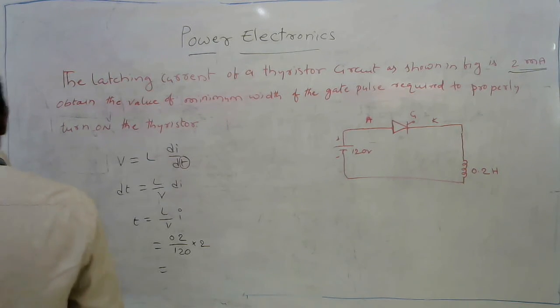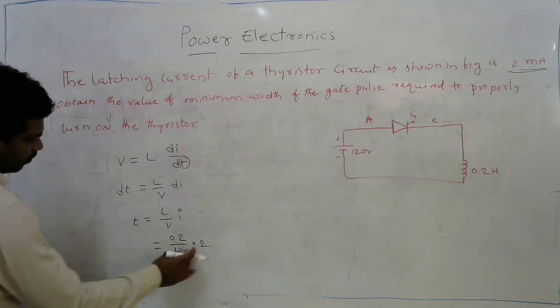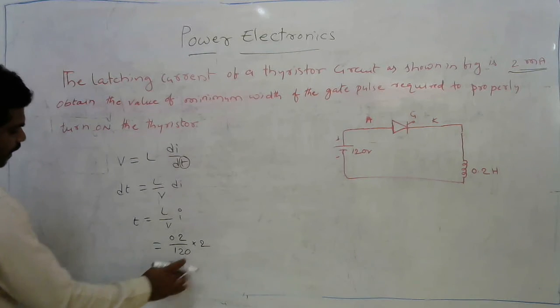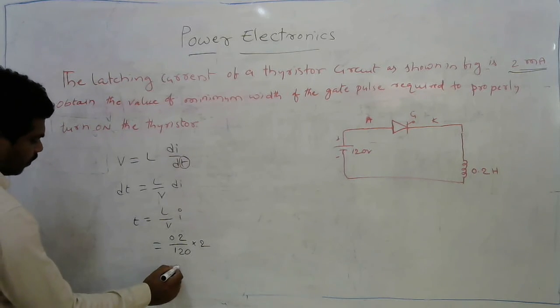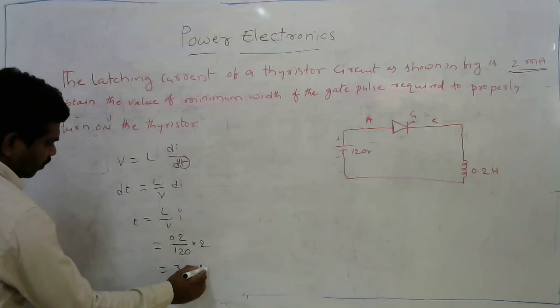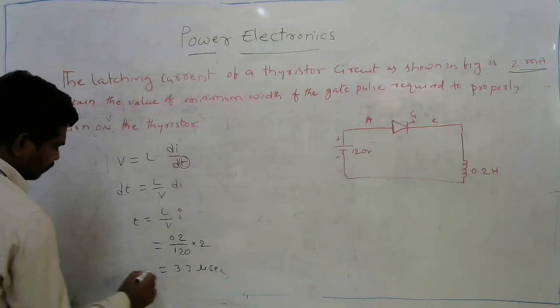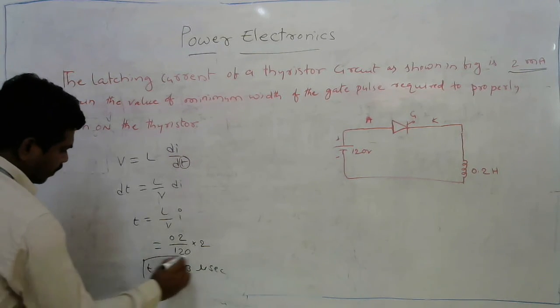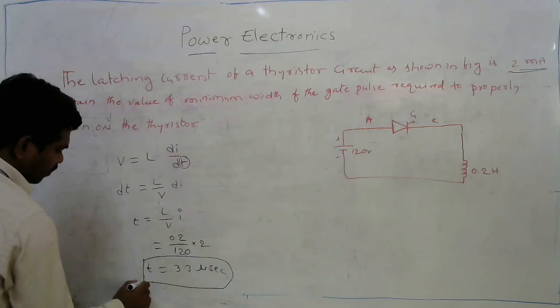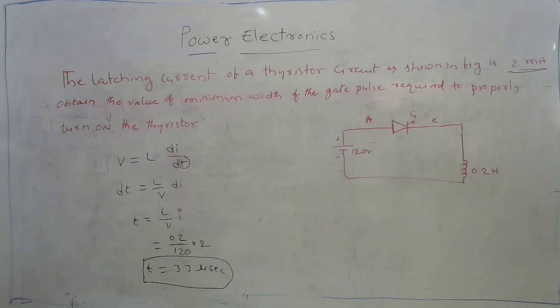When you calculate the value, we will get 3.3 microseconds. So this is the gate pulse width required for the SCR to come into the on state.